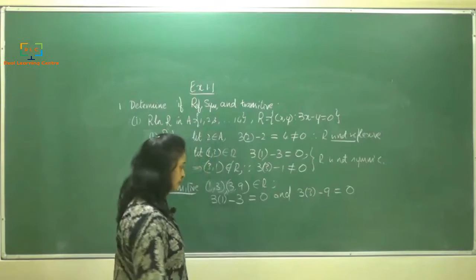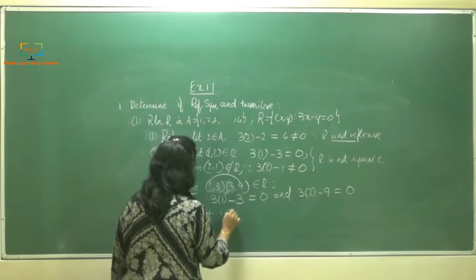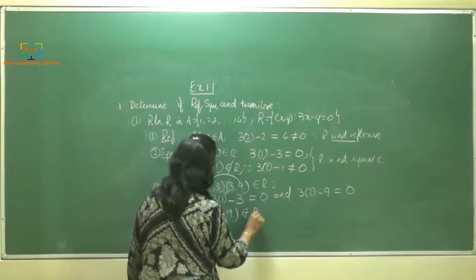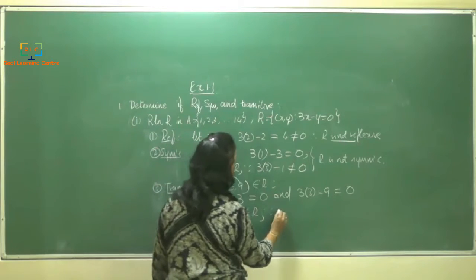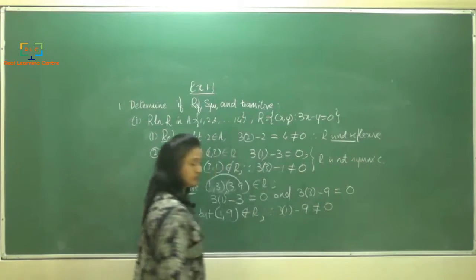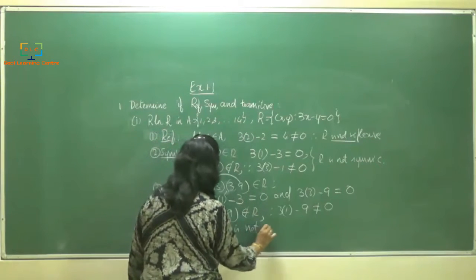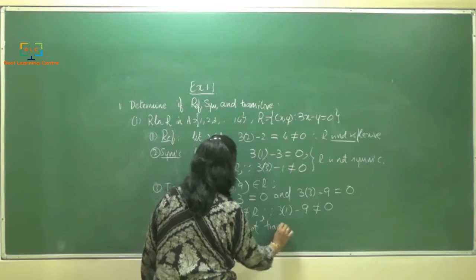It's already true. But (1, 9) does not belong to R, because 3 into 1 minus 9 is not equal to 0. Therefore, R is not transitive.